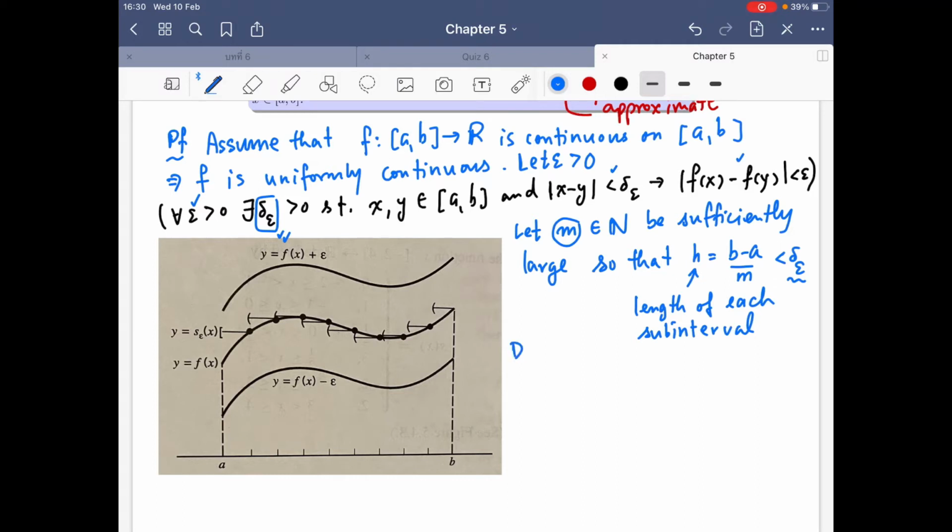So what we are going to do, as we told you, is to divide this interval into m disjoint intervals of length h.